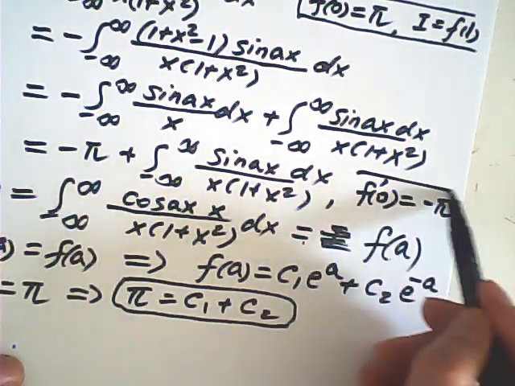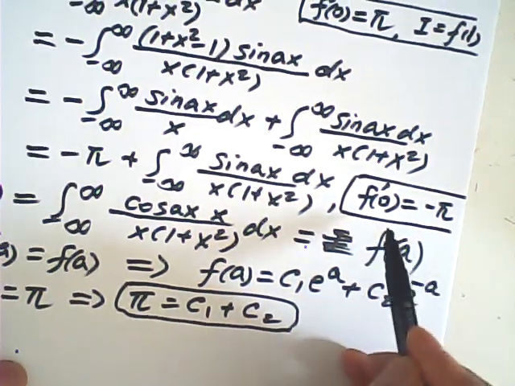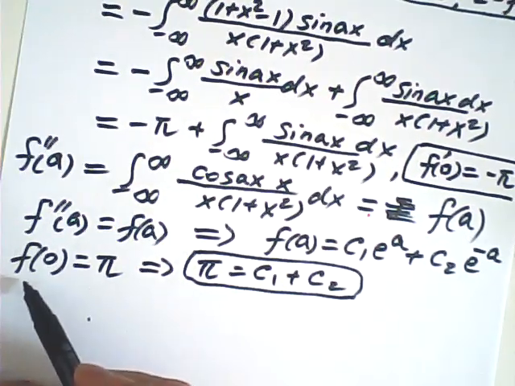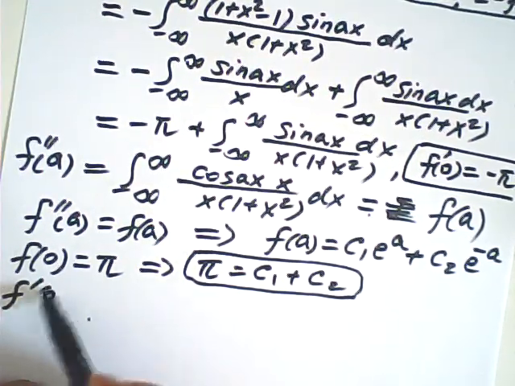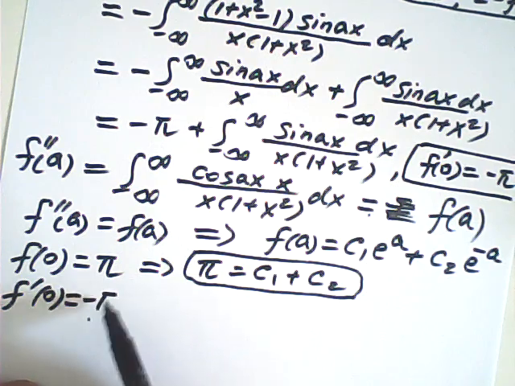So this is my other initial condition: f prime of 0 is equal to negative pi.